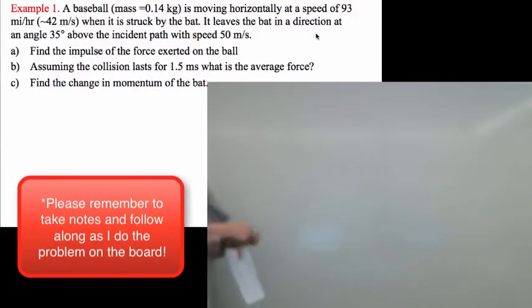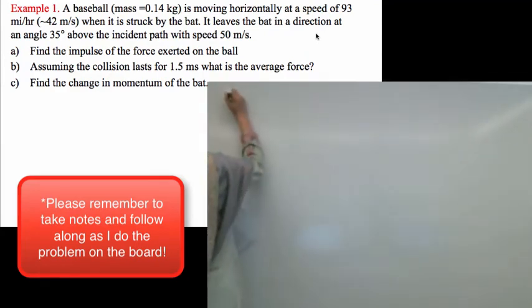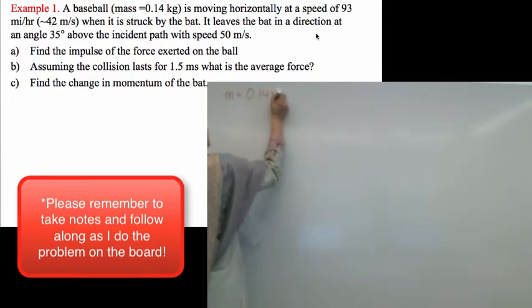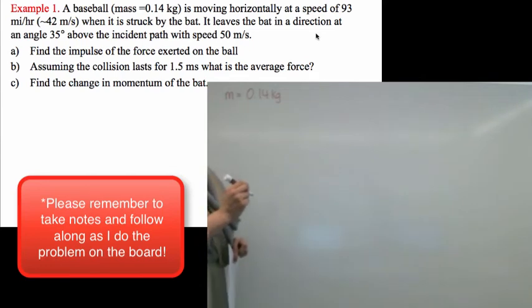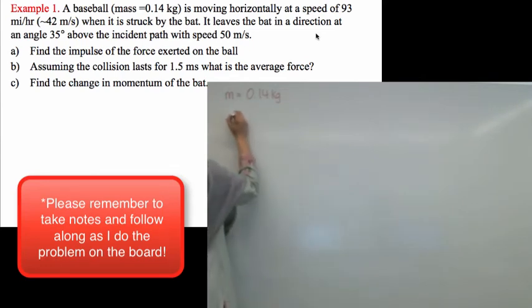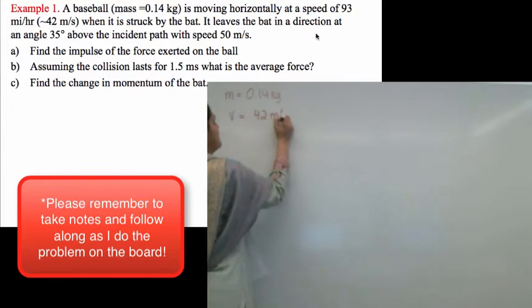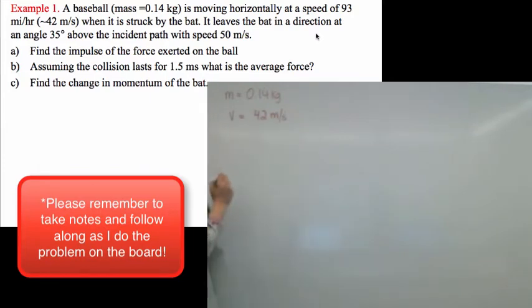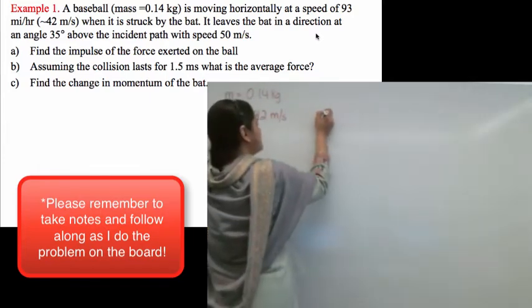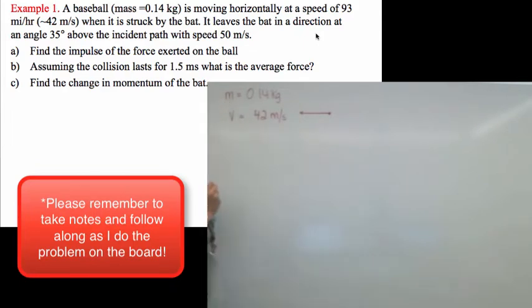So first things first. In this particular problem, the mass of the baseball is 0.14 kilograms, right? And it's moving horizontally with a speed of 42 meters per second. Since it's moving horizontally, let's assume that its initial motion is along that axis, okay?